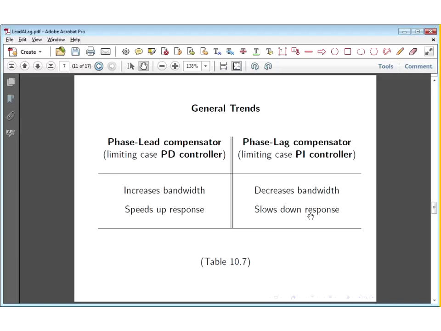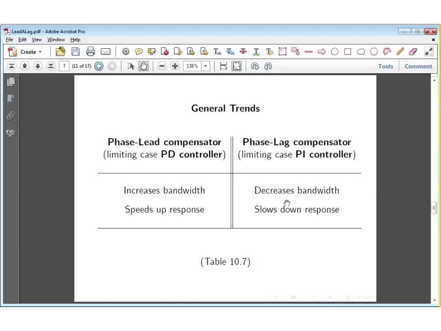The answer to that is sometimes when a control system operates in a noisy environment, you do not want to have a too high bandwidth, because if your bandwidth is in fact high, the noise in the system actually gets amplified and it makes the control very difficult. So in a noisy environment, quite often you may find that you have a bandwidth limitation. It may be specified in the specification that the bandwidth may not exceed a certain frequency.